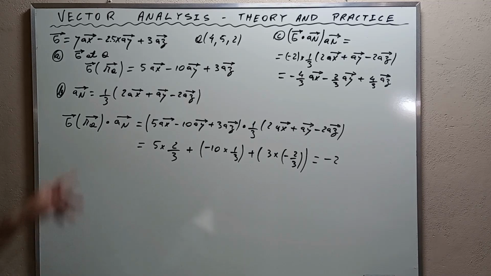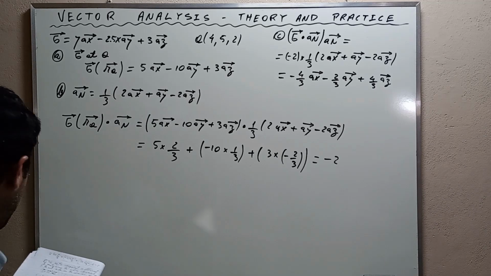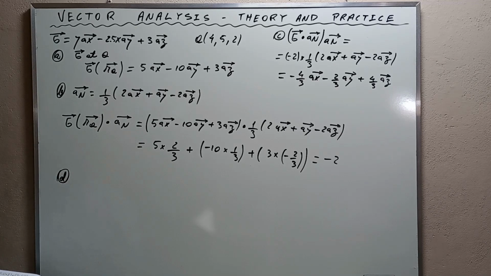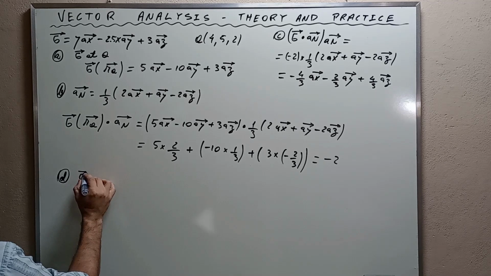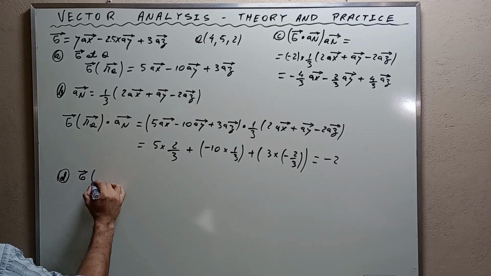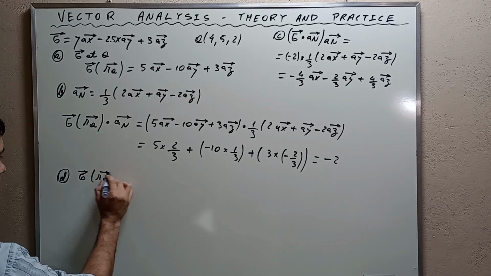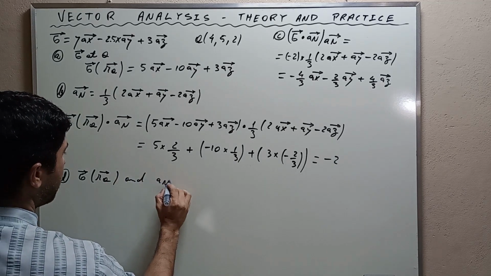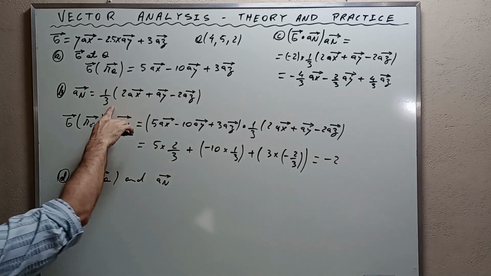And to finish, letter D: the angle theta between G at Q and AN, this unit vector. We want now to calculate the angle between G at Q and the unit vector that we are considering.